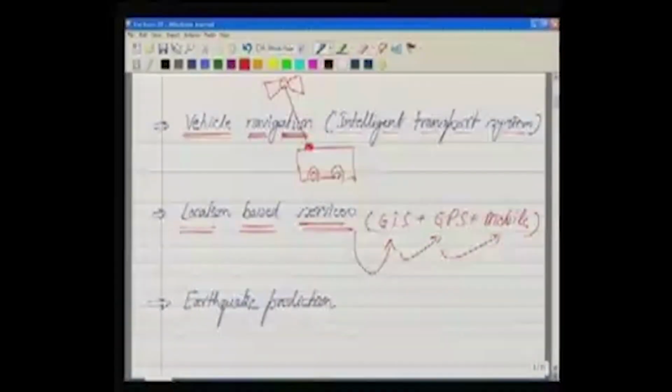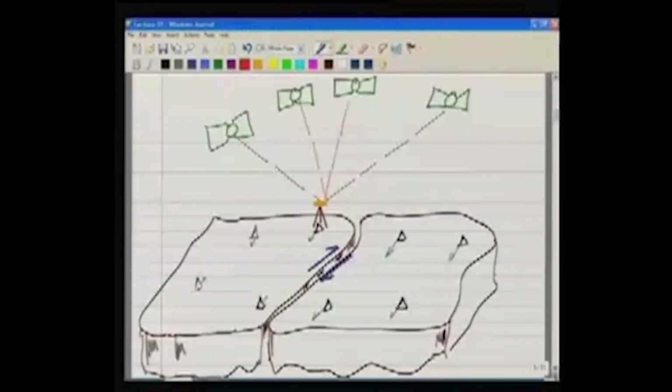One more application here, which is also interesting and very important, is application of GPS in earthquake prediction. Now in this case, as is shown here in the diagram, what I have tried to show in this hypothetical diagram, there are two land masses, A and B for example, which are moving.